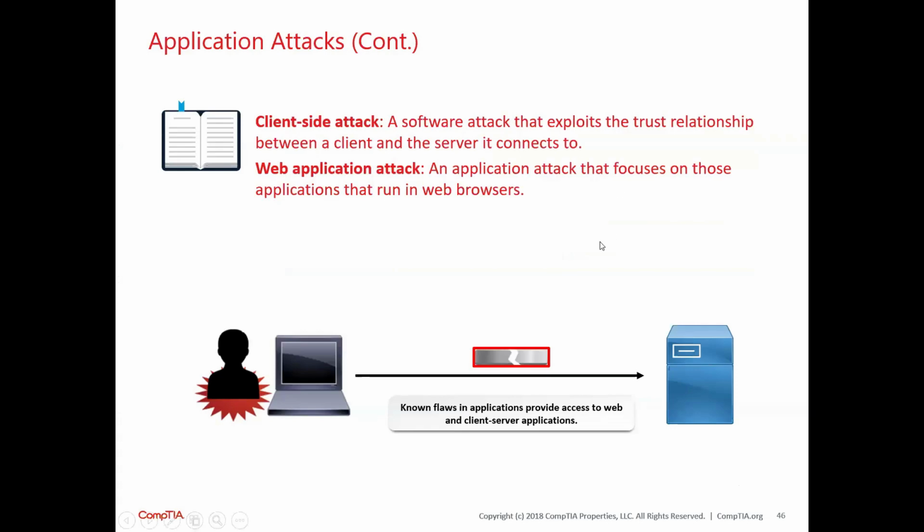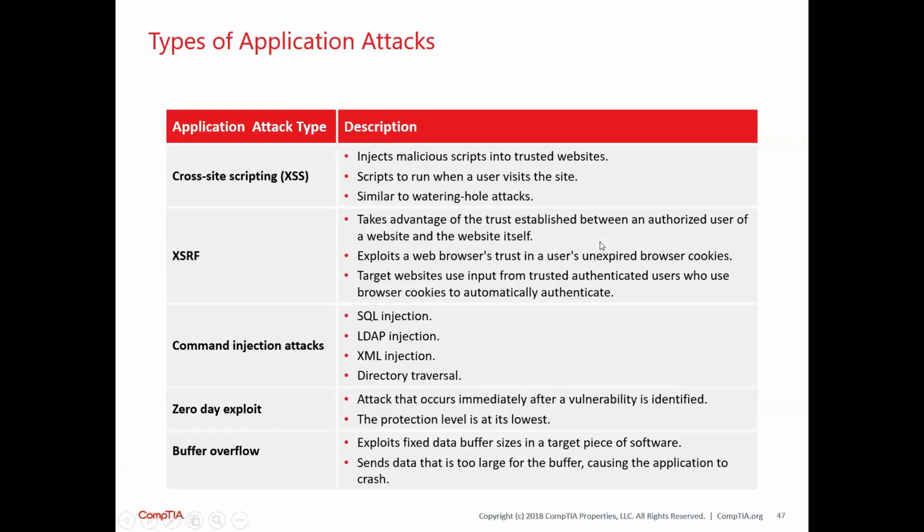So we got the client-side attack. All of these are based on OWASP: cross-site scripting, cross-site request forgery, command injection attack, zero-day exploit, buffer overflow, and so on and so forth. So please do some reading on this to understand different types of application attack, because in the exam you will be asked to provide the correct answer related to the question.